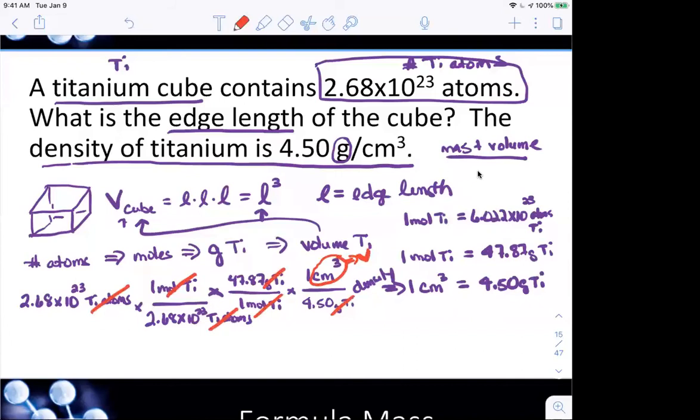And then I'm going to hit, oops, I just did something really stupid. This is not that. This is my mole: 6.022 times 10 to the 23rd titanium atoms. All right. And why did I notice that? Because I got the molar mass.